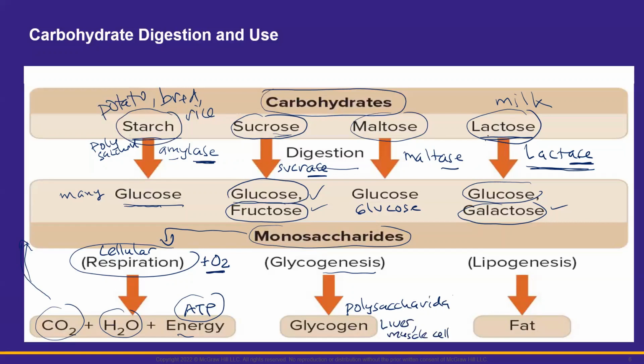Sucrose, maltose, and lactose are all called disaccharides. They consist of two sugars, two monosaccharides. So glucose, fructose, and galactose are monosaccharides.